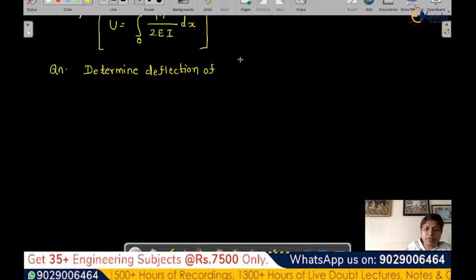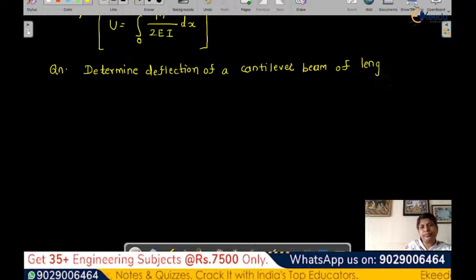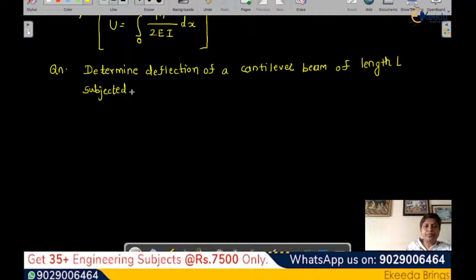Using the strain energy method, we have to determine the deflection of a cantilever beam of length L subjected to a point load acting at the free end.